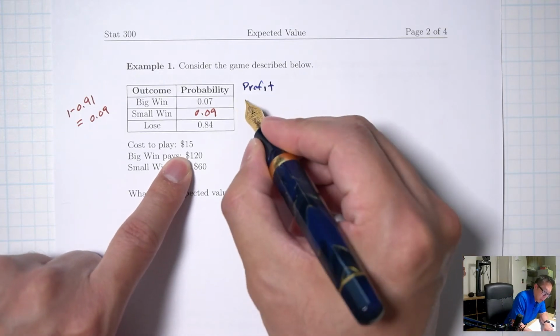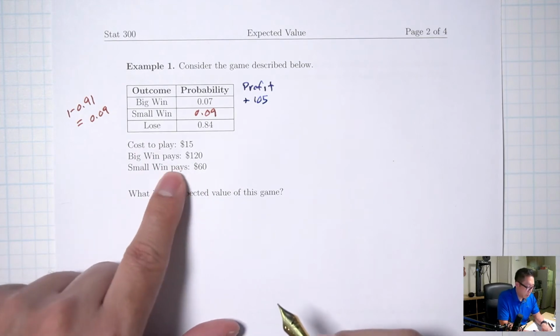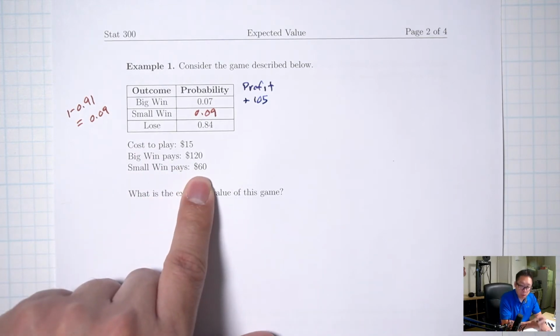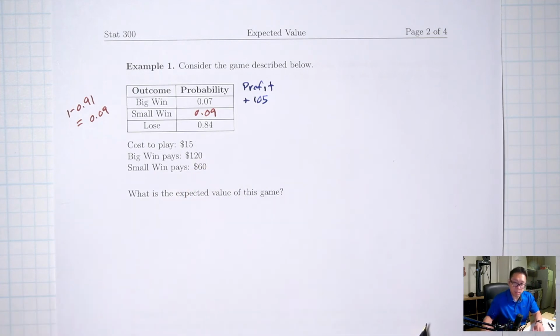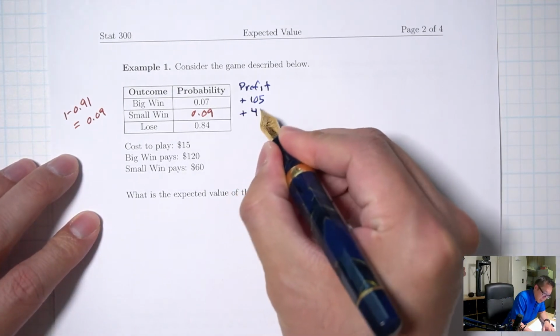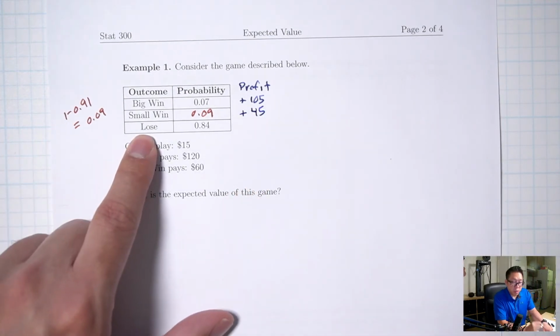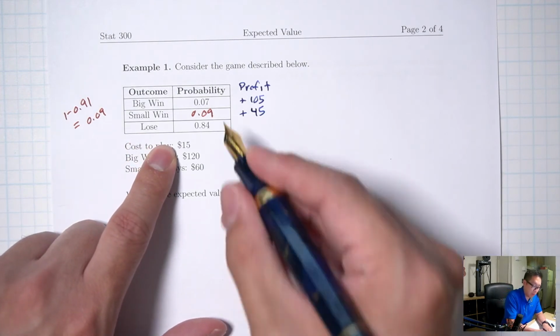So this is a plus 105. Small win is $60, and then also subtract off the cost to play. So 60 minus 15, let me do this on the calculator, plus 45. And then you lose, you get nothing, so you're down what you paid to play. So you're minus 15.